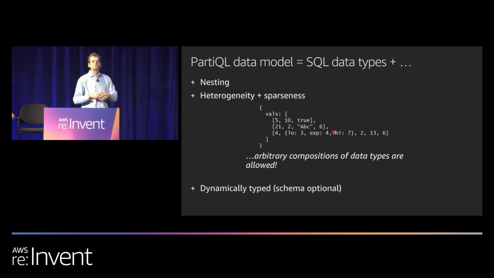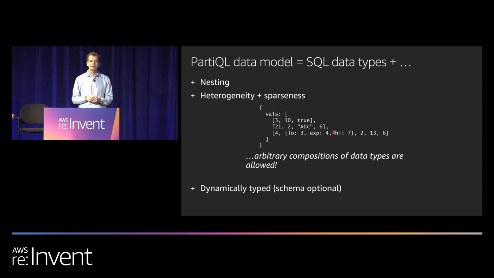Okay, so let's take a step back. What is truly the set of possible Particle values that the data model allows? Basically, it is arbitrary compositions of the scalar types with the object / tuple constructor, the bags, and arrays.